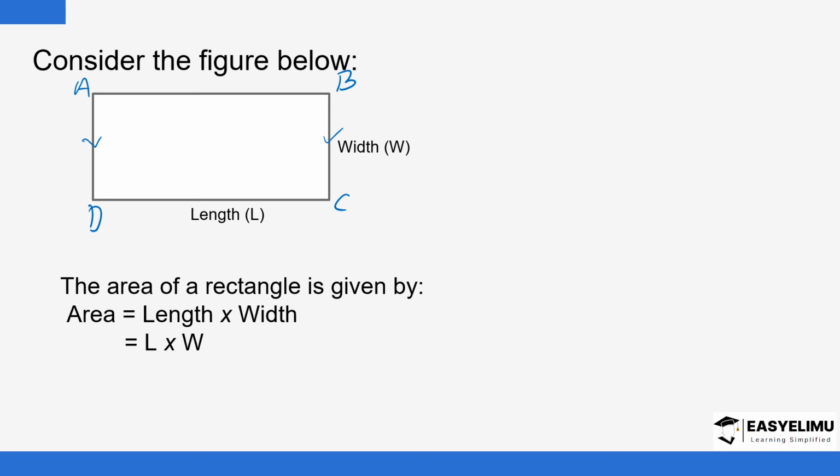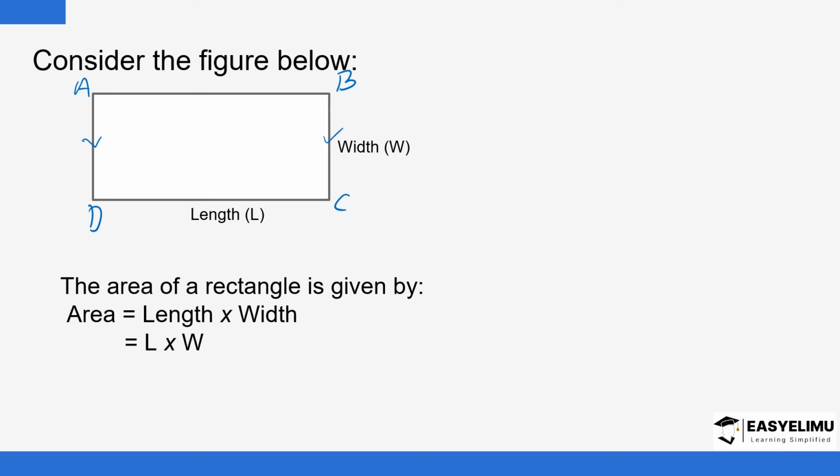We also have the line BC being equal to AD, and you can see the two are opposite to each other. Another special characteristic is that all the interior angles are 90 degrees each. Those are some of the characteristics you need to highlight to help you identify a rectangle. Every time you see such a figure, you know that it is a rectangle.